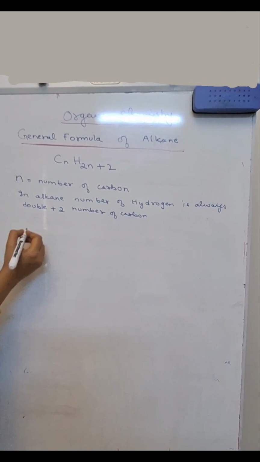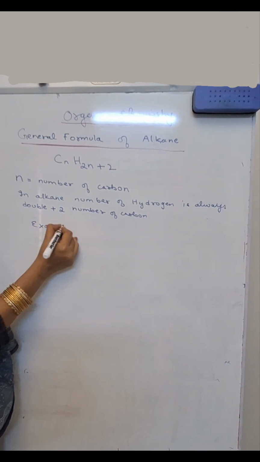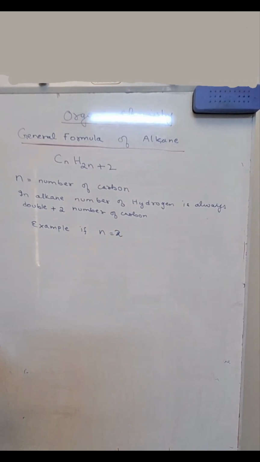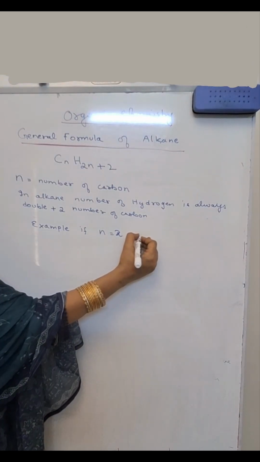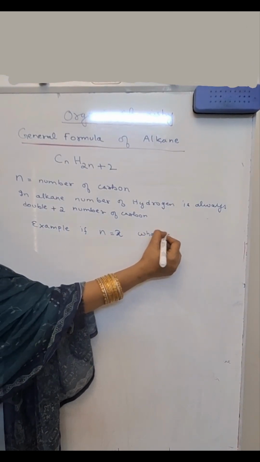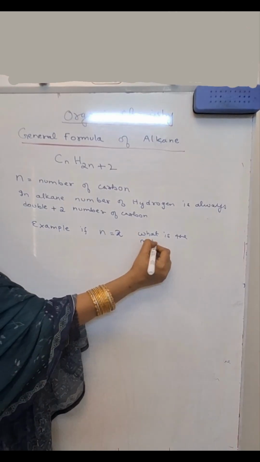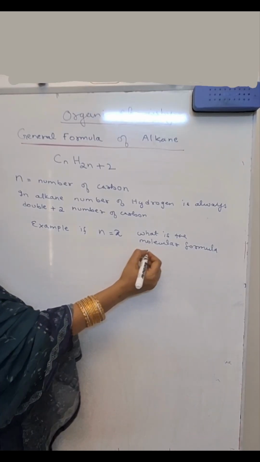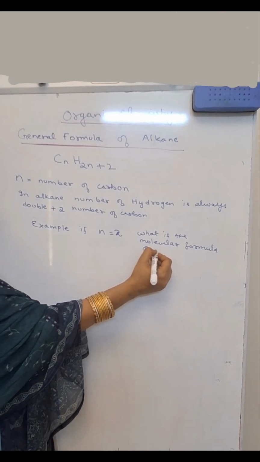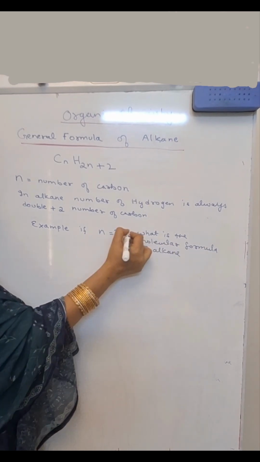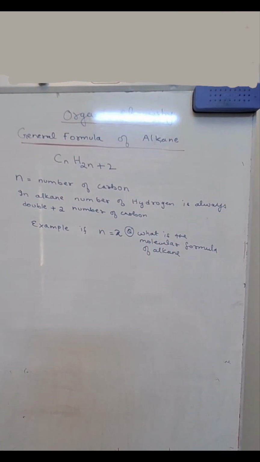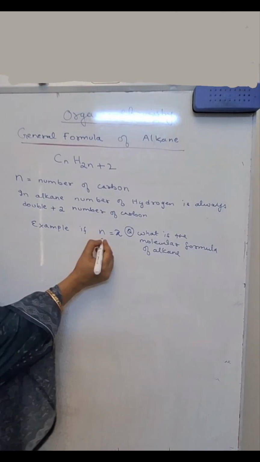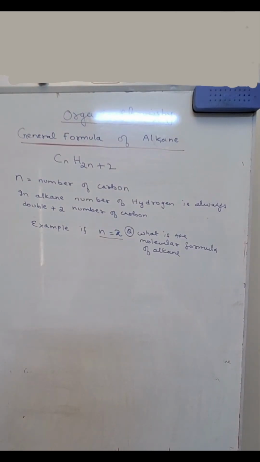So for example, if n is equal to 2, what is the molecular formula of the alkane?